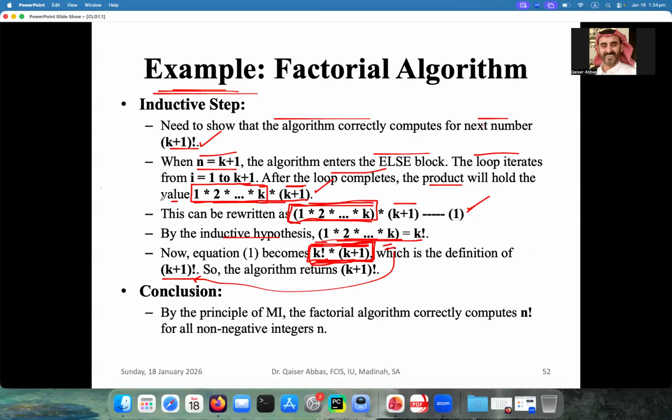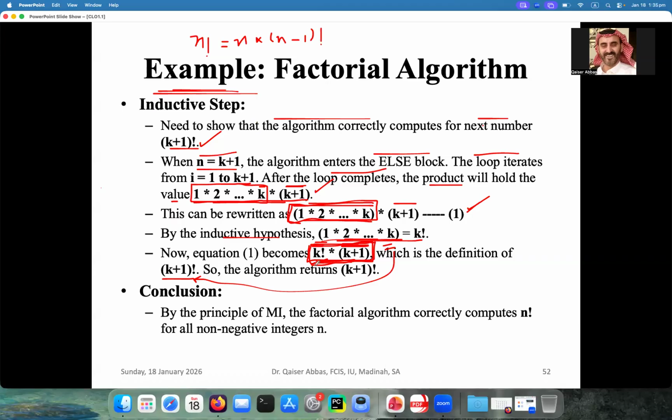The definition for factorial is what? n factorial is n multiplied by (n minus 1). You are understanding n minus 1 clearly, but not k. Are you understanding this?